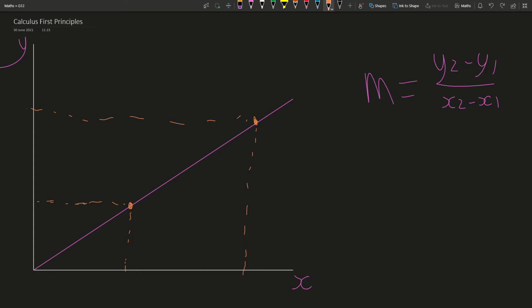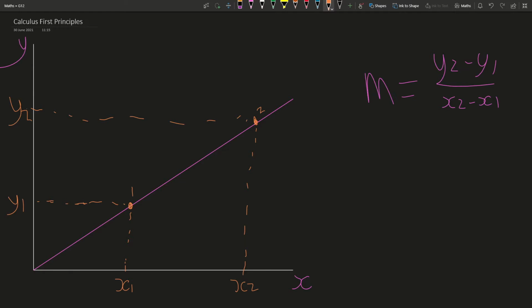So we call this point 2 and this point point 1, and then we've got the x1 and the y1, and we've got the y2 and the x2. So this is what we do to work out the gradient of a straight line.